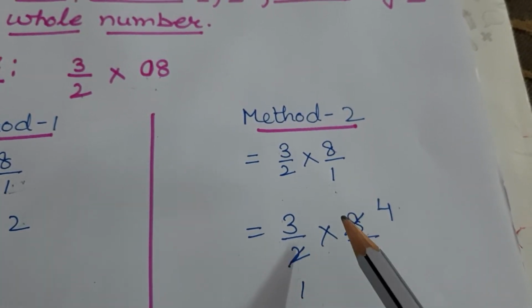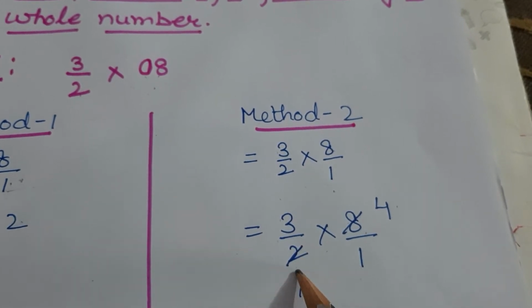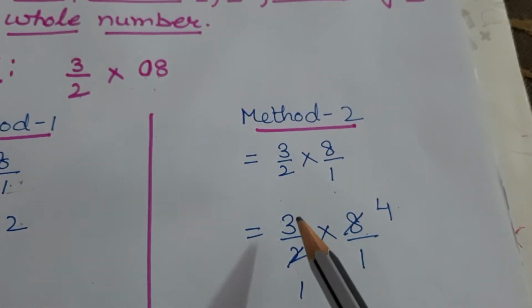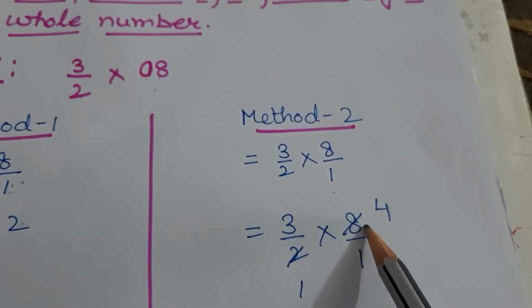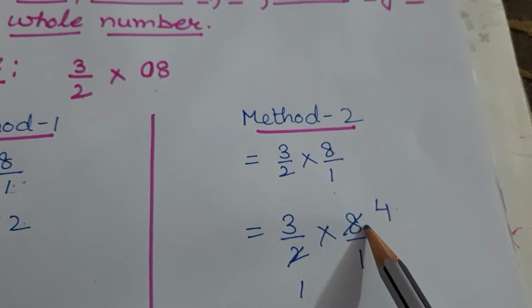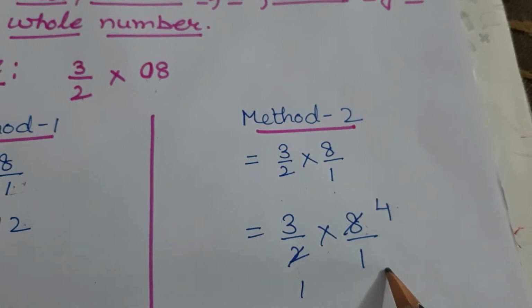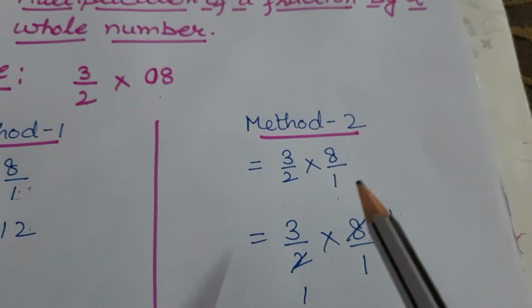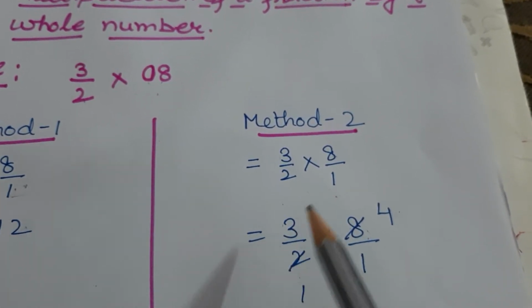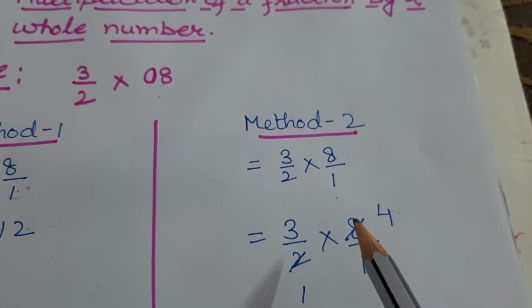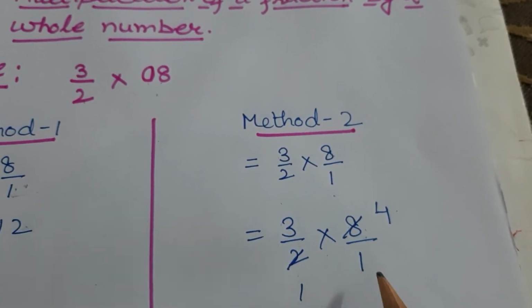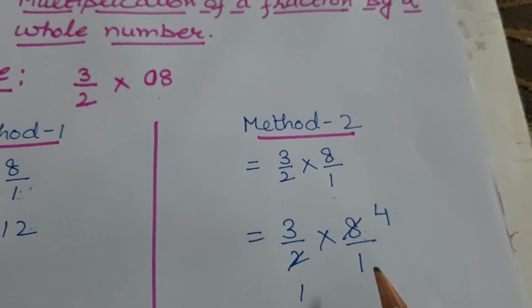Division is possible if one is a numerator and the second one is a denominator, not numerator with numerator. Many students make this mistake. They cancel numerator with numerator. No, that will be totally wrong, because numerator with numerator both are multiplied. Similarly, denominator and denominator both are multiplied with each other.